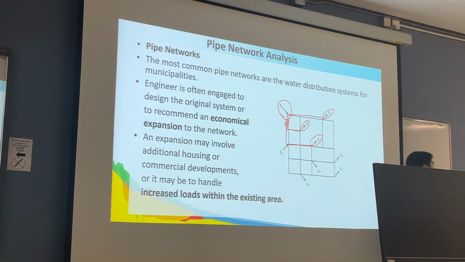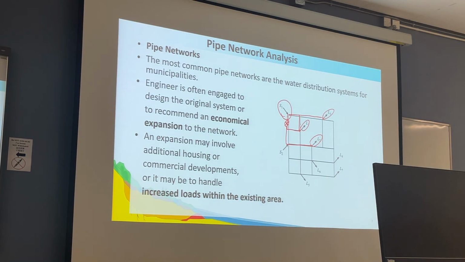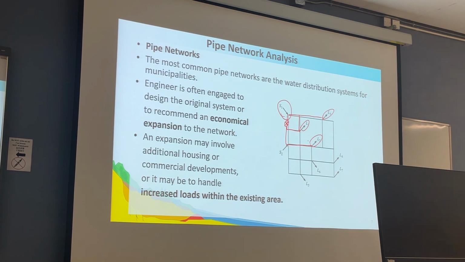and try to connect the broken pipe as soon as possible. How about if there is a second route to connect here, and a second route to connect here? This will make the water supply still reliable even though one of the pipes is broken, due to corrosion or due to running out of age.